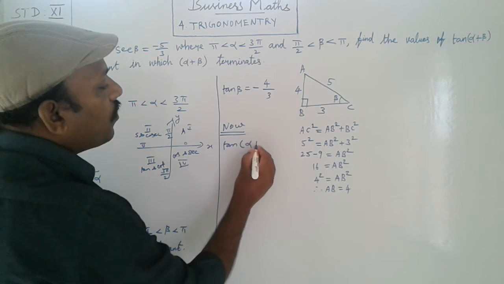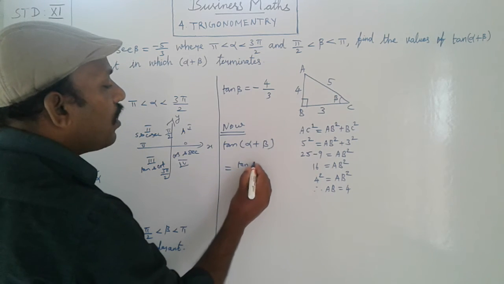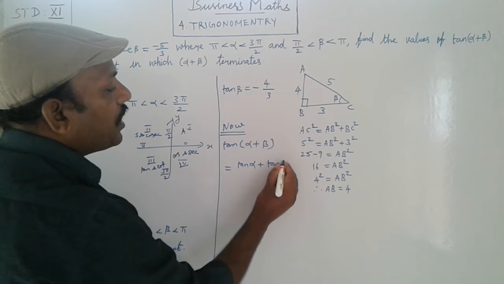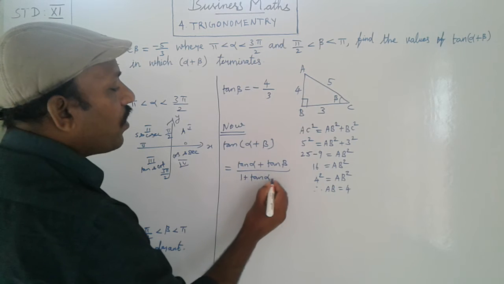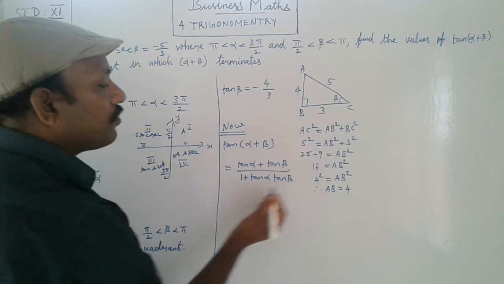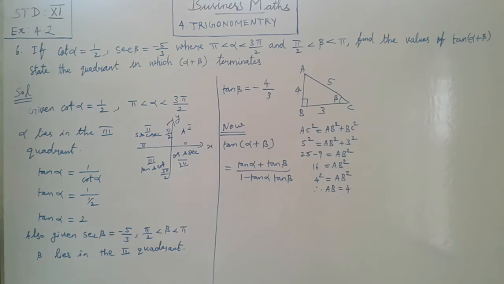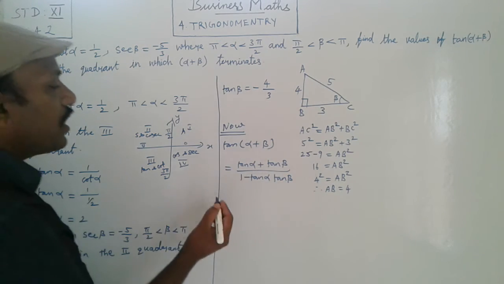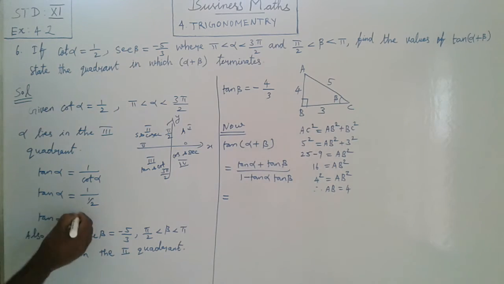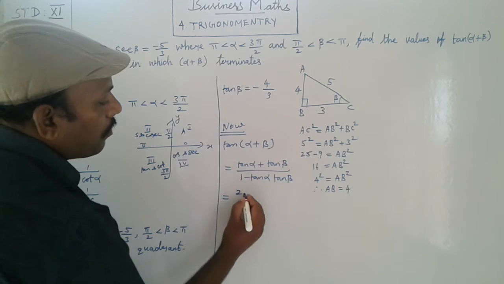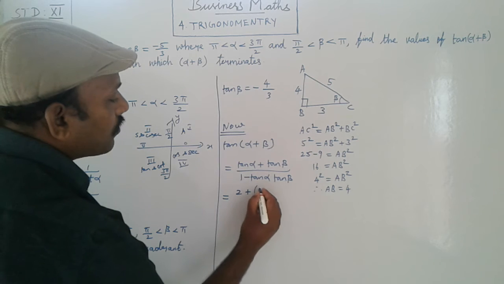Tan of alpha plus beta equals tan alpha plus tan beta divided by 1 minus tan alpha into tan beta. Substituting the values, tan alpha is 2 and tan beta is minus 4 by 3.